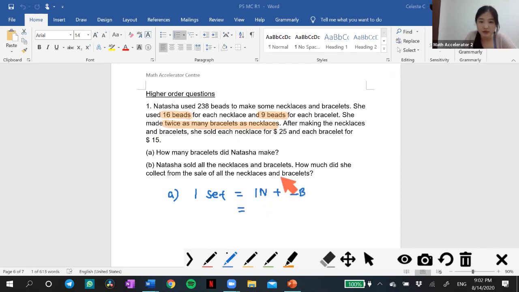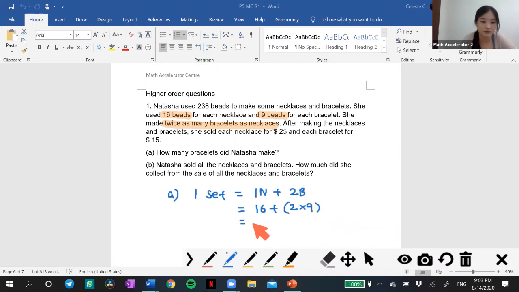So what's the value of it? Okay, 1 necklace, you use 16 beads. As for the bracelet, okay, you have 9 beads. So 2 times 9. What's the value of 1 set?